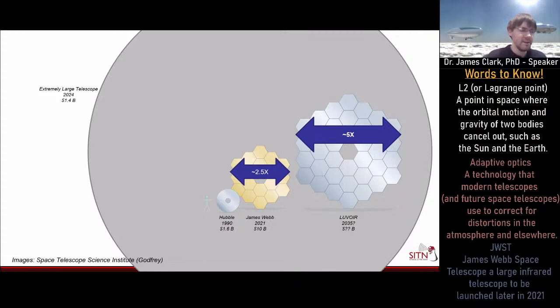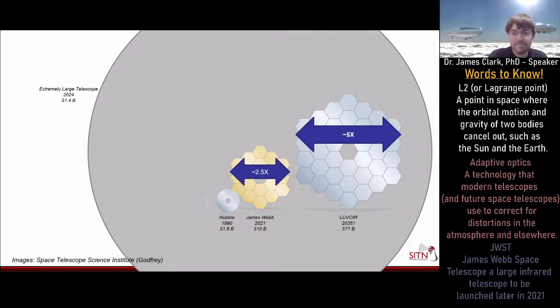So there's a lot of work being done now to build constellations of small telescopes so that we can do interesting things like sit and stare at one star for months and months to try to catch planets that are too small or too close to be seen with other kinds of telescopes.